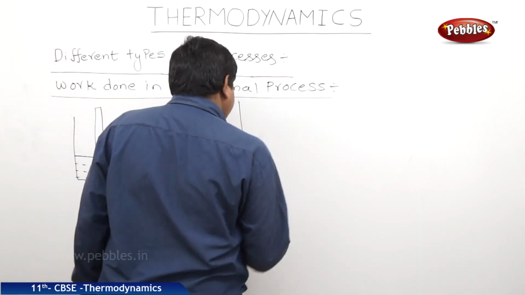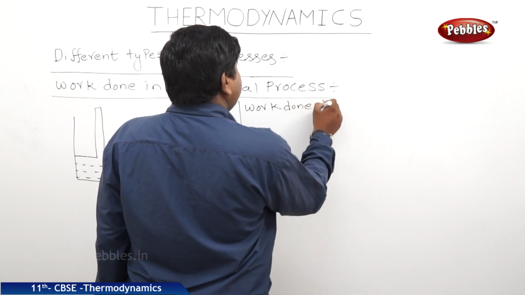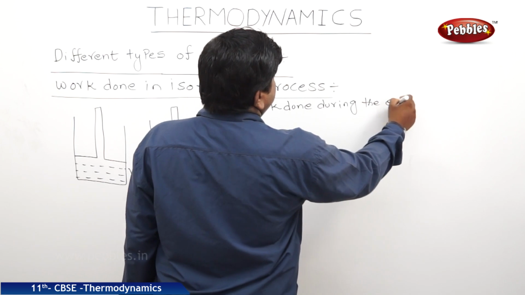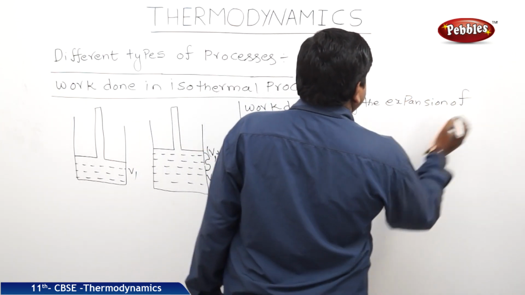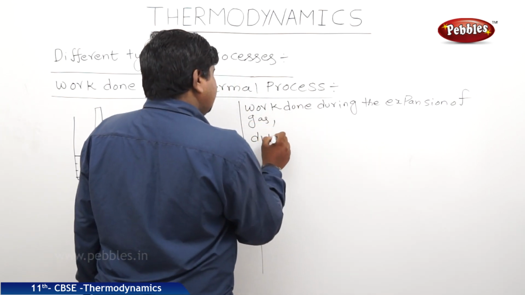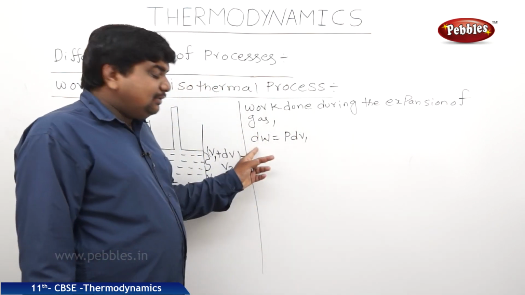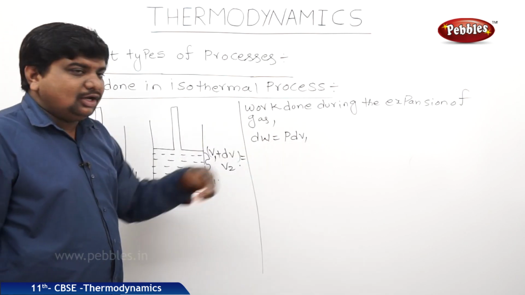So, work done during the expansion of gas, dW is equal to P dV. This dW is the small amount of work done during the expansion of small change in the volume.